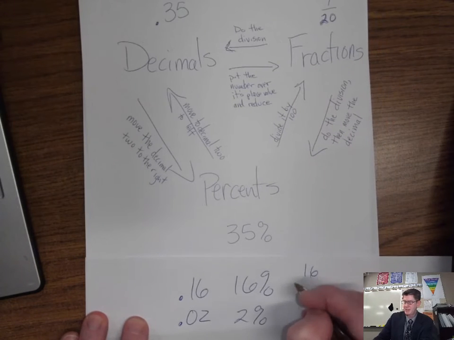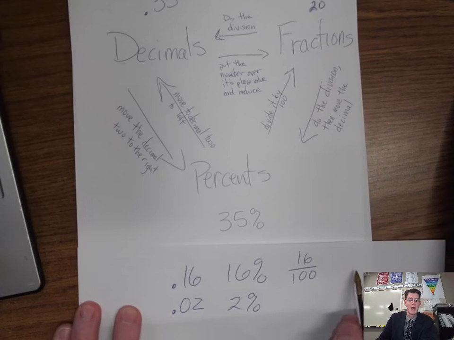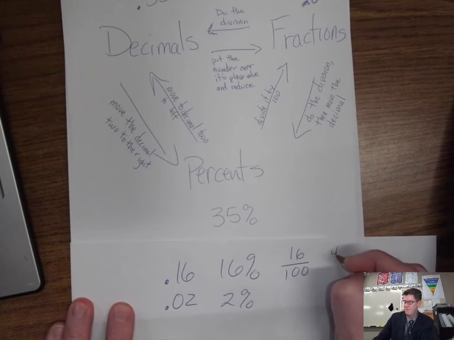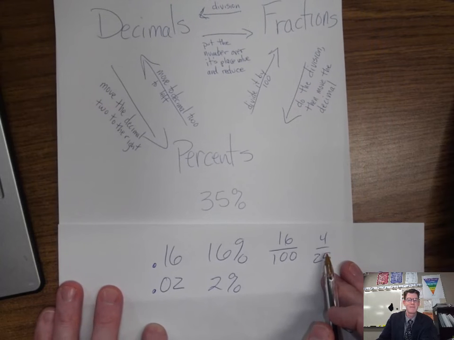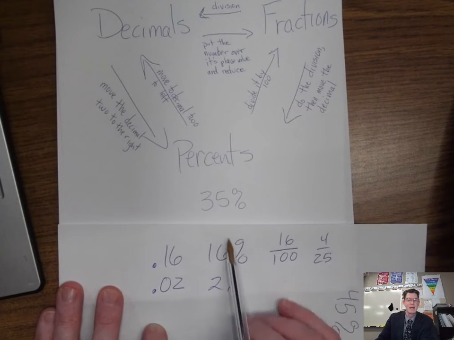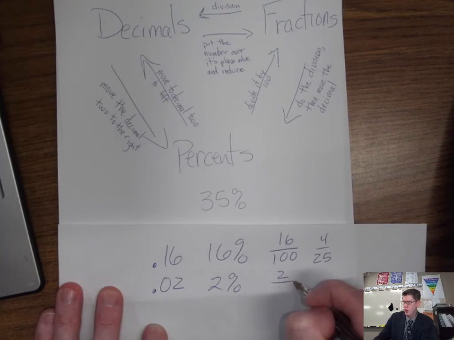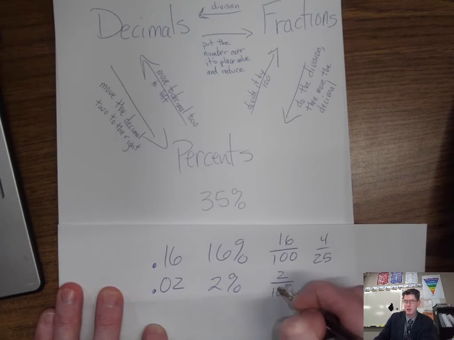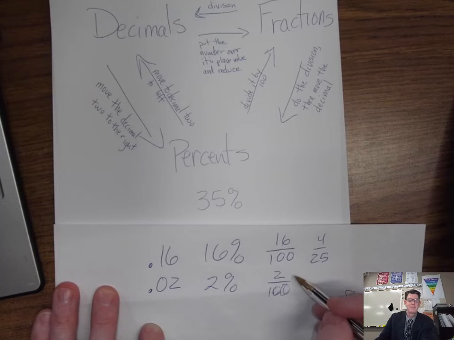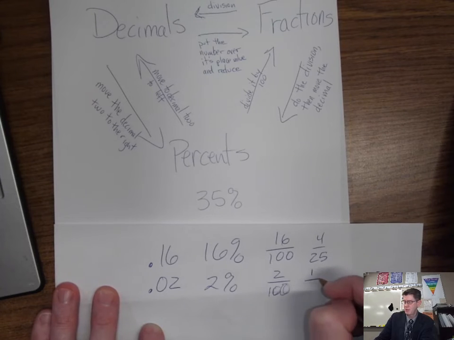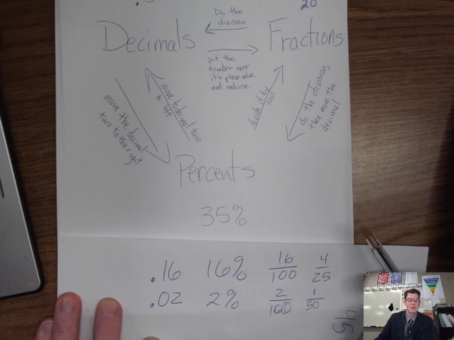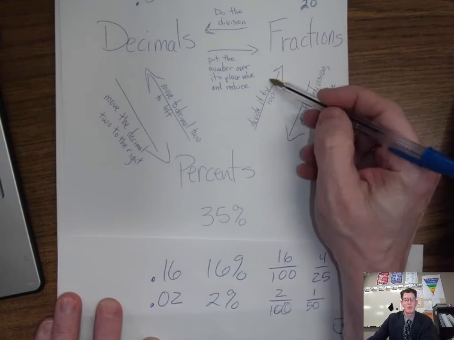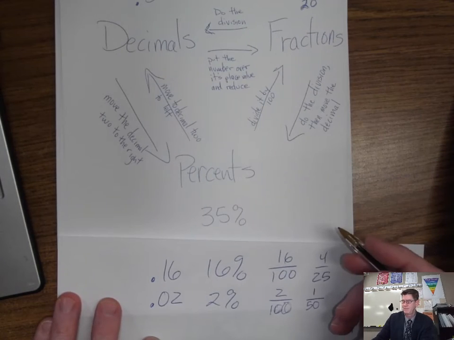In this one, 16 over 100, and then when I reduce it by 4, it becomes 4/25, and the calculator will even do that. If I have 2 over 100, then I reduce it. 2 goes into both of those, so it becomes 1 over 50. And that's the fraction. So I just divide it by 100 or put 100 underneath it.